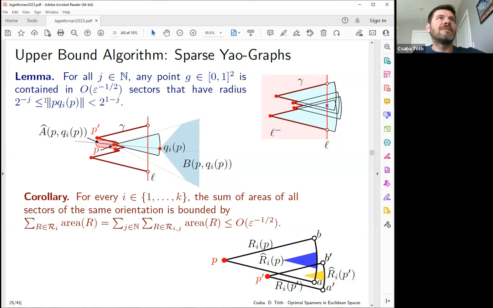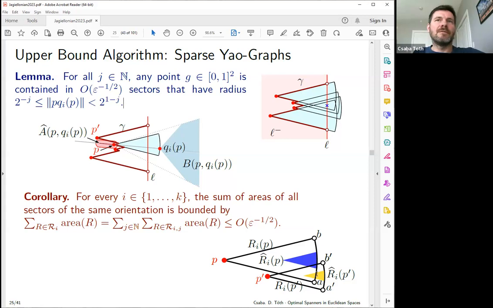So this assumes that these sectors have roughly the same size. And then one would have to say something about overlapping sectors of different sizes, but that's easier. Even though the sectors can overlap, the apex is an actual point, and because the sectors are empty of points, none of the apices can be inside a sector.